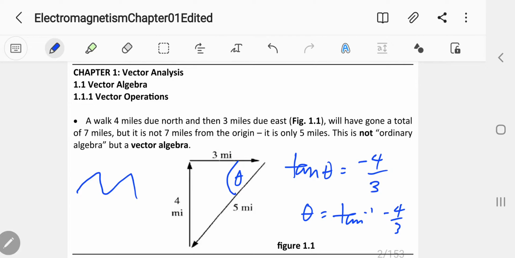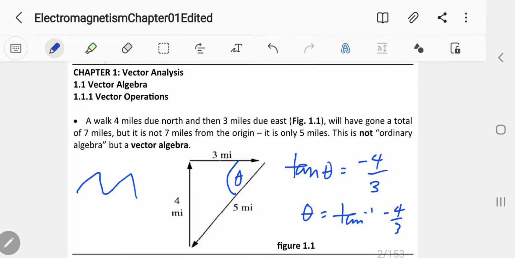If we deal with ordinary numbers, we deal with algebra, and now we're dealing with quantities with magnitude and direction, so we are dealing with vector algebra.